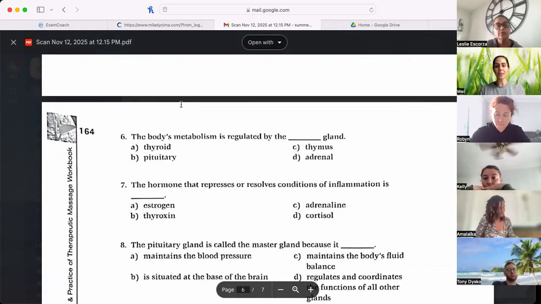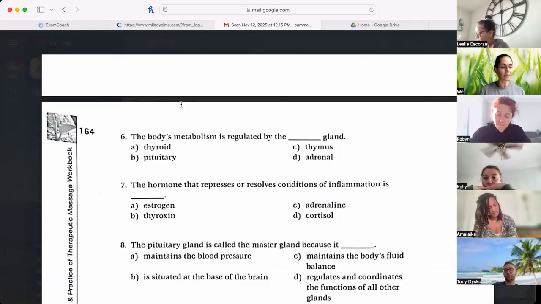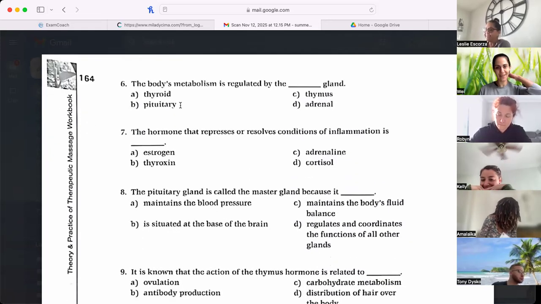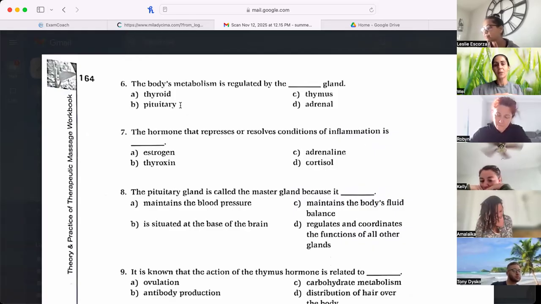The body's metabolism is regulated by which gland? The thyroid? Correct. Excellent. Robin, the hormone that represses or resolves conditions of inflammation is? Cortisol. Yes, exactly. Correct.